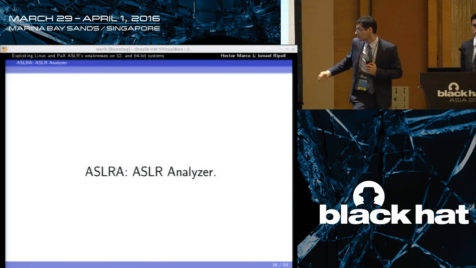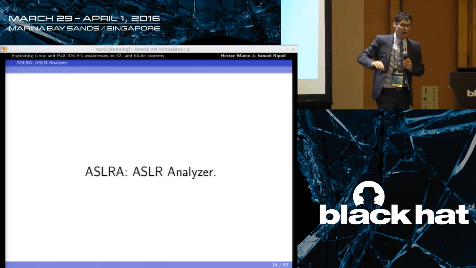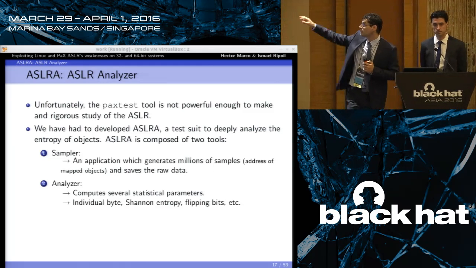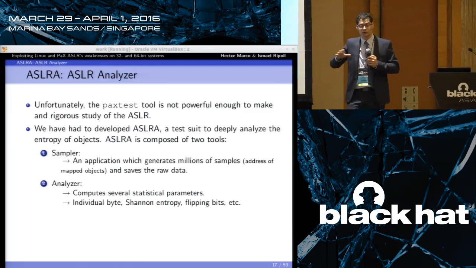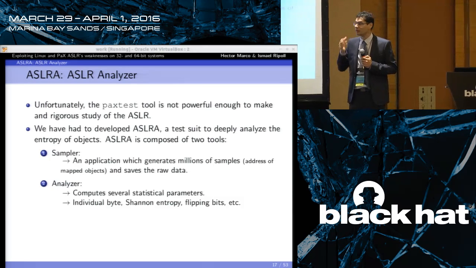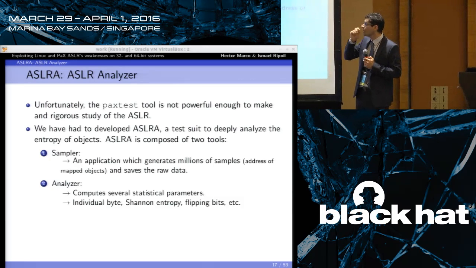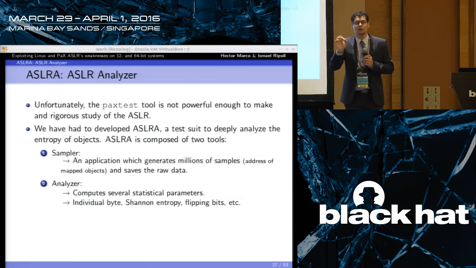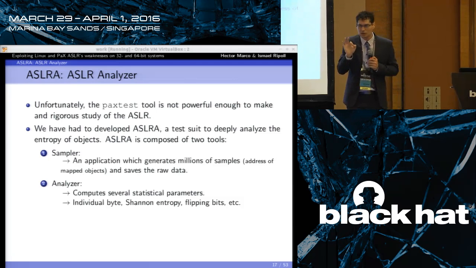Okay, going faster, ASLR analyzer. We have developed a tool, because, as I said, PaX is a nice tool. It was great, but it has basically two problems. The entropy is not computed in a nice way, and there are some bugs in the way it collects the addresses.